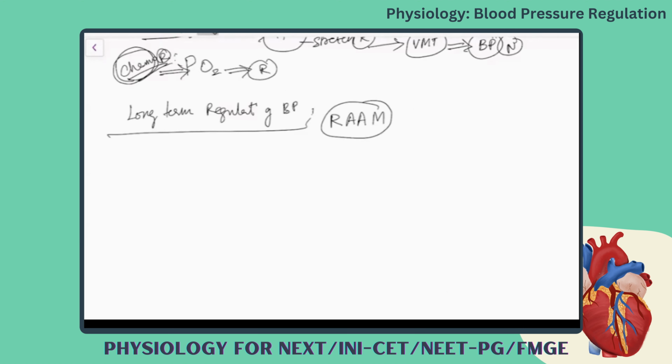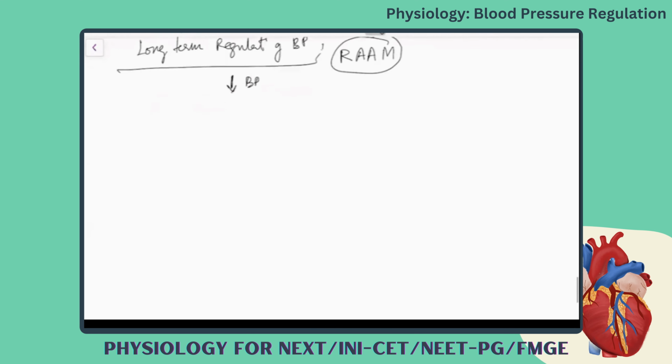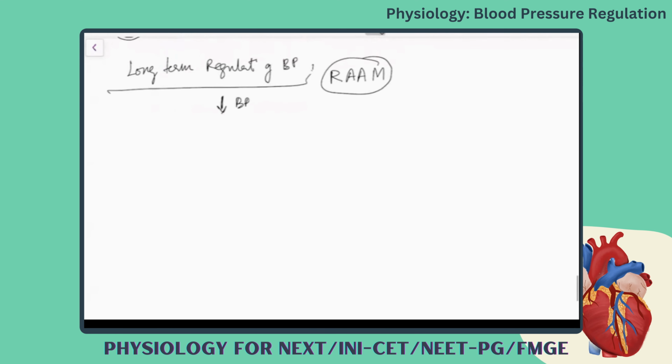Okay, so how this is going to do its function is, for example, now we will consider the blood pressure is decreased. How is the long-term regulation of blood pressure going to rectify it? So when there is a decrease of blood pressure, the next event which is going to happen is a decrease of oxygen saturation. And that is going to give you the signal as hypoxia.